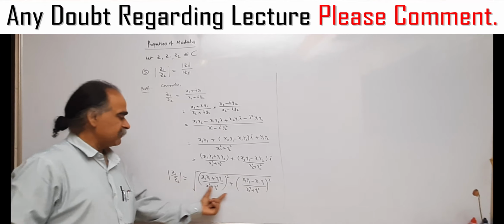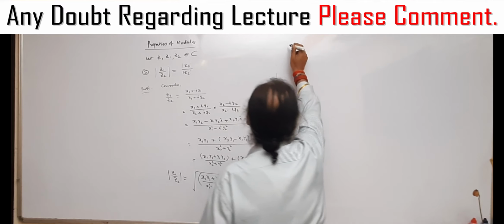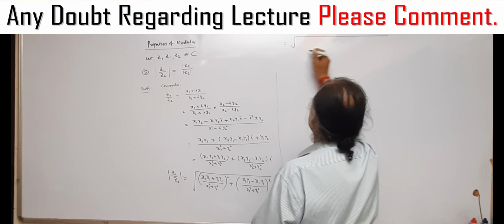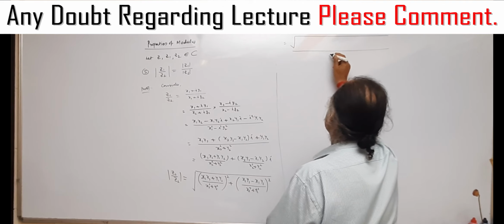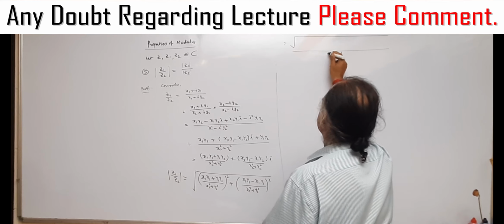Now x2 square plus y2 square, the LCM will come outside from the root sign.